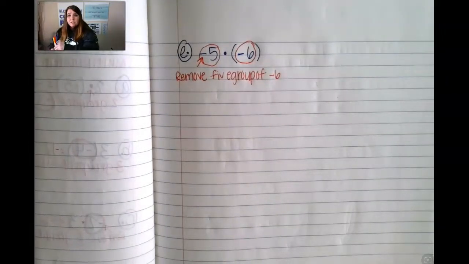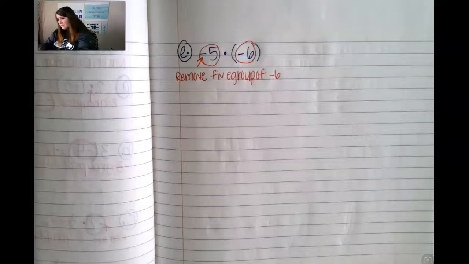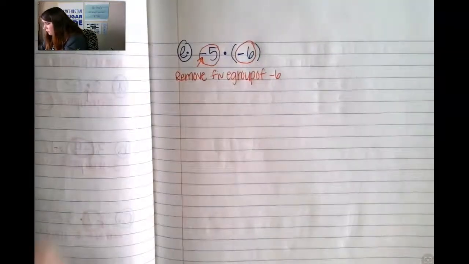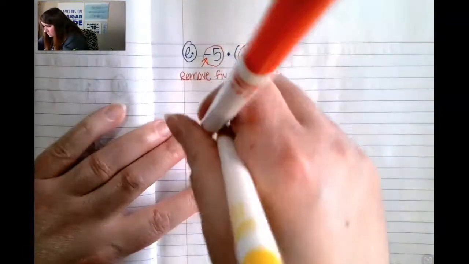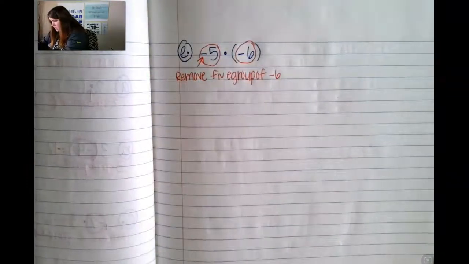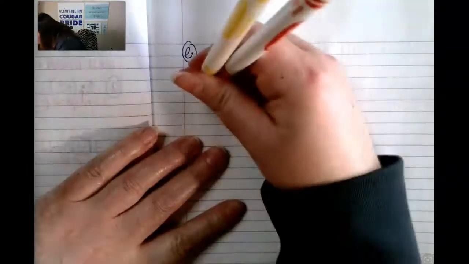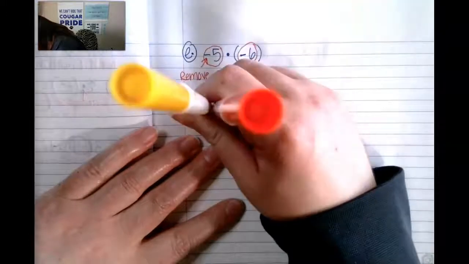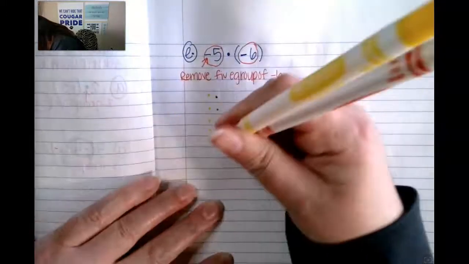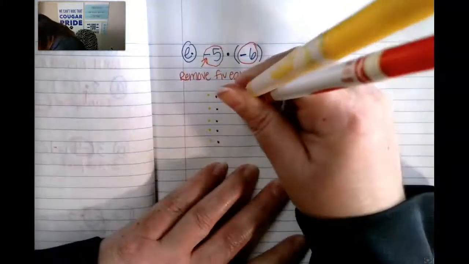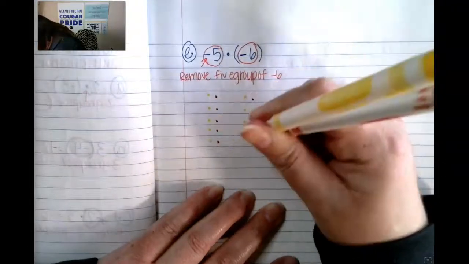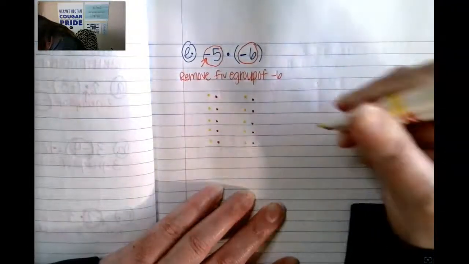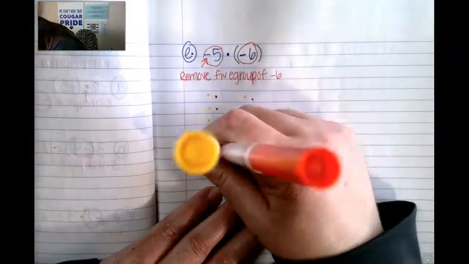So first of all, I need 5 groups of -6. So let's make some 0 pairs here. Ready? 1, 2, 3, 4, 5. 1, 2, 3, 4, 5. No, it's supposed to be 6.